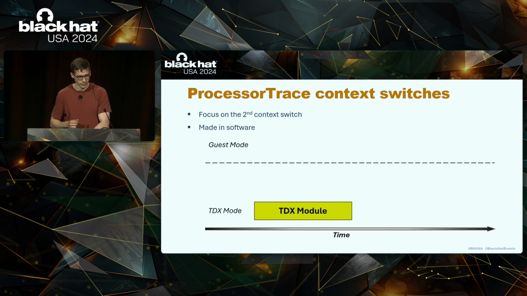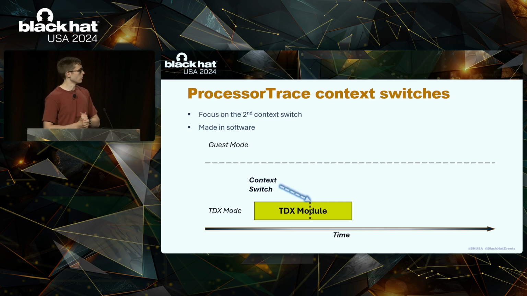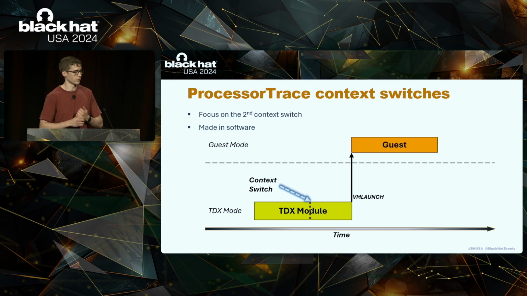If we represent it as a timeline, you first have the guest executing, then the TDX module executing. So it's processing the command run the guest. As part of processing that command, it performs the context switch here to install the two registers from memory into the CPU, so it copies them into the CPU. And then at some point later, it performs the VM launch, which is where the guest starts running.